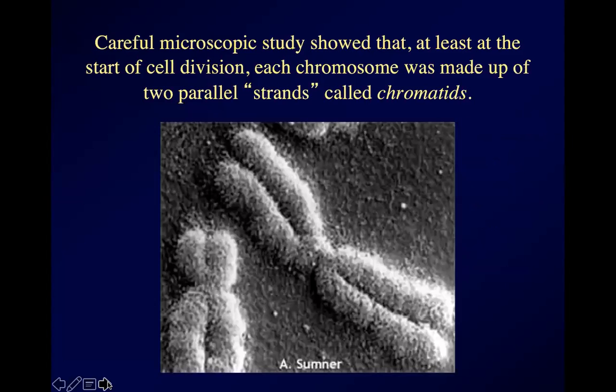This picture is taken through a much more modern type of microscope called a scanning electron microscope. So this is not exactly what people saw in the 1870s because it hadn't been invented, but it gives you the idea that if you look at chromosomes at the very beginning of cell division, each chromosome is actually made of two parallel strands, and the strands are called chromatids.